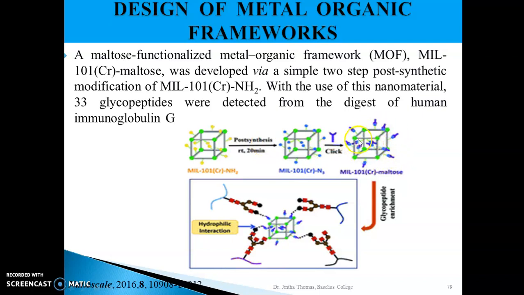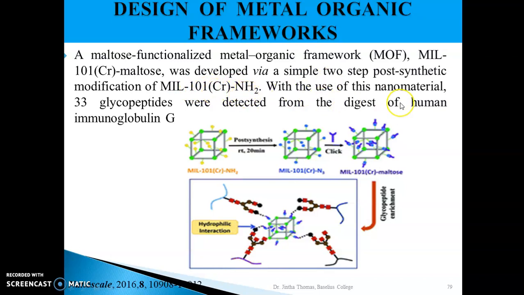So if we get such maltose modified MIL101 using this particular post-synthetically modified MOF, we can sense 33 types of glycopeptides. A maltose functionalized metal organic framework, MIL101 maltose, was developed by a simple 2-step post-synthetic modification process of MIL101 NH2.